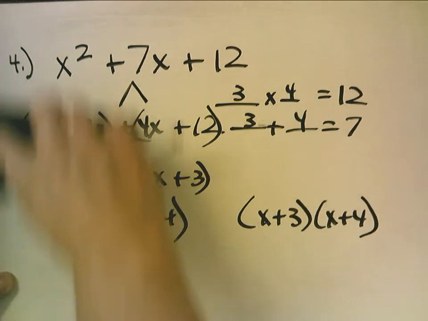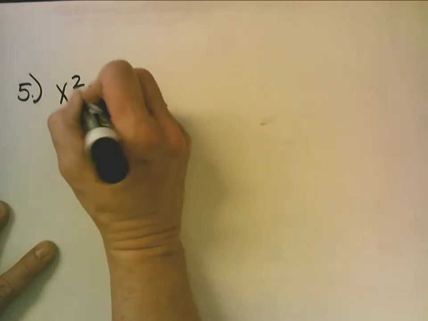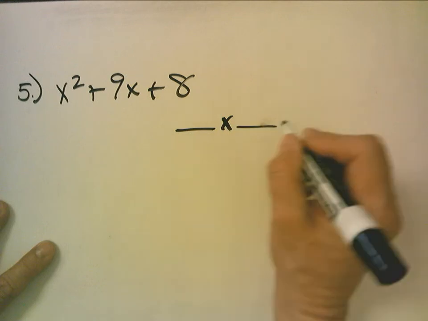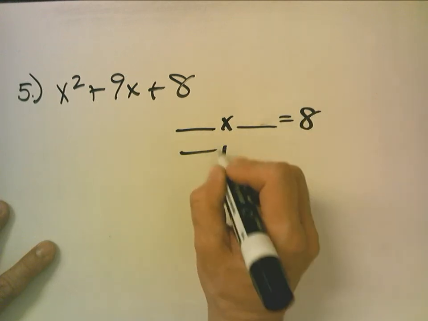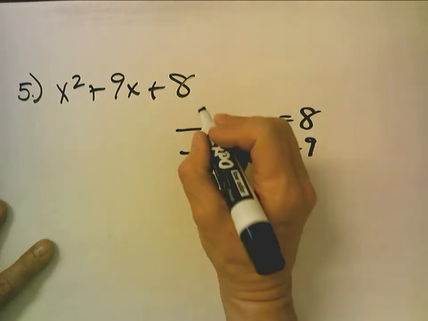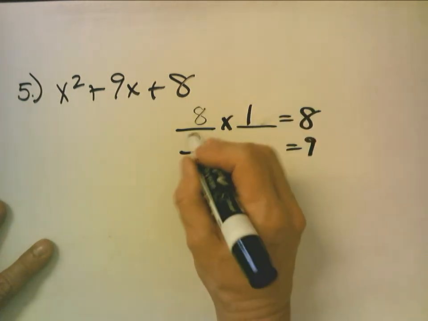Okay. Now, if you haven't already done 5, stop the video and do 5. And number 5, x squared plus 9x plus 8. I'm looking for two numbers that multiply to 8 but add up to 9. And that's going to be 8 and 1. Don't know why that took me so long.